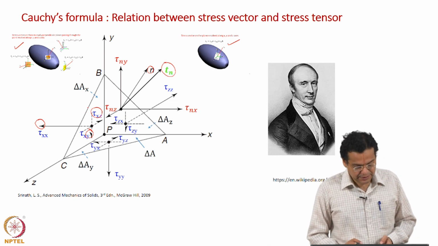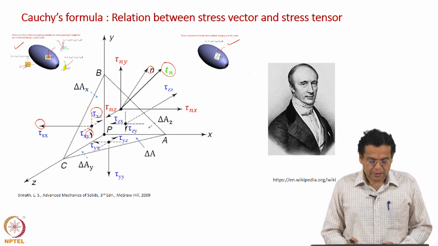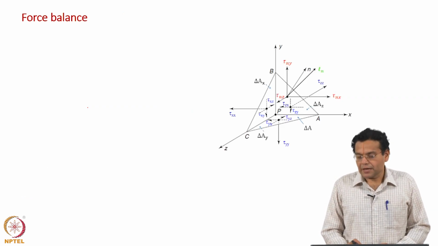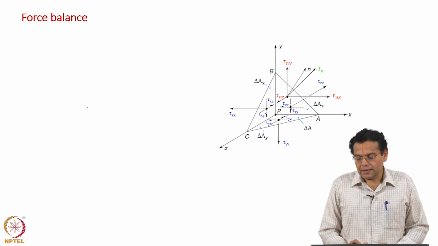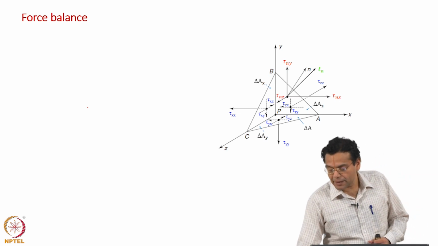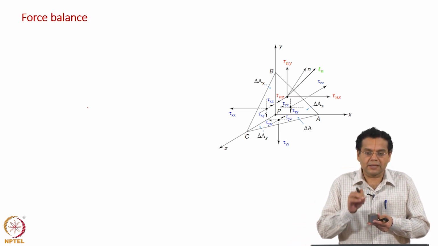Okay. Now, let us proceed further. Of course, P is a vertex of the tetrahedron. Okay. Now, we are considering the object under equilibrium. As we had discussed earlier, any part of the body is also under equilibrium. So, this tetrahedron also should be under equilibrium.